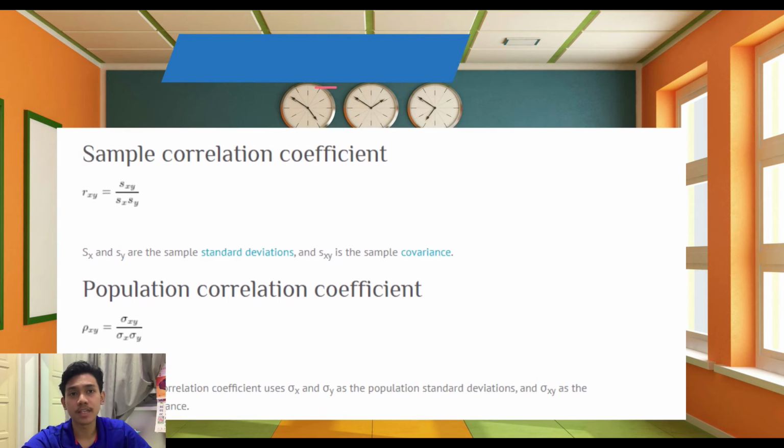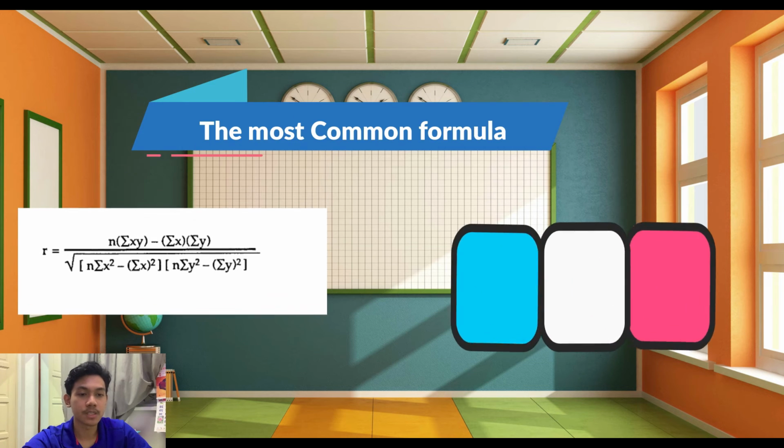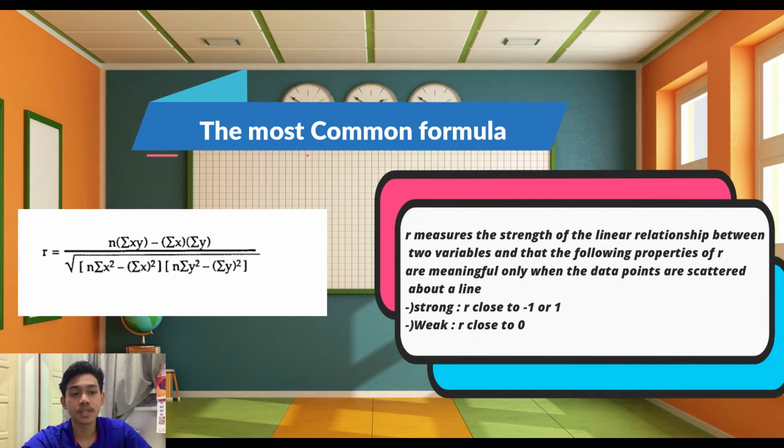However, we commonly use this formula, where r measures the strength of the linear relationship between two variables, and the following properties of r are meaningful only when the data points are scattered about a line. Remember, strong is close to -1 or 1 and weak is close to 0. You can see the formula here.